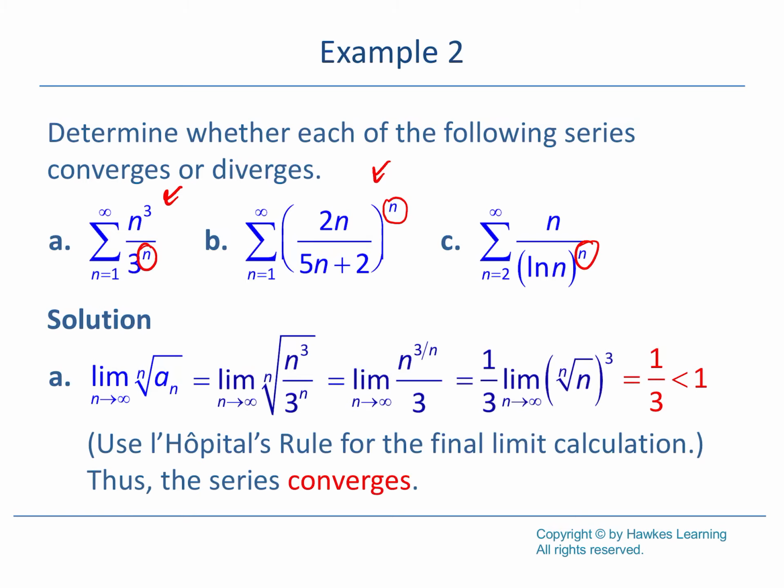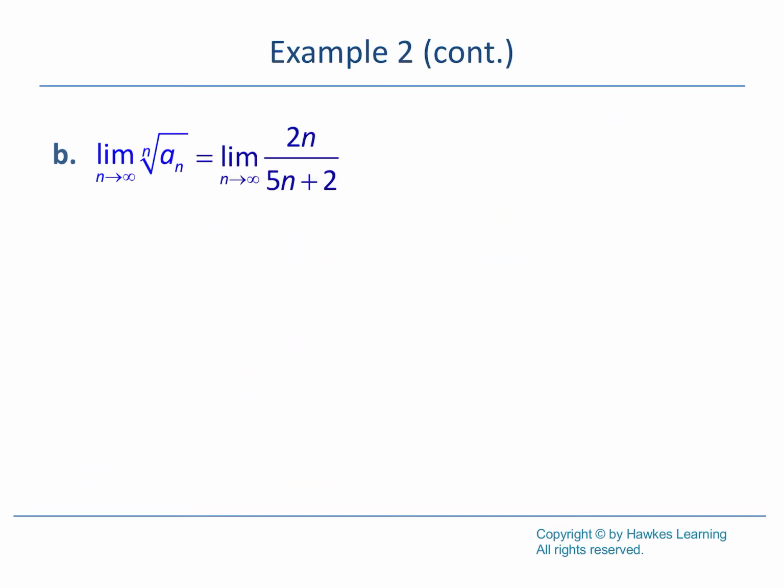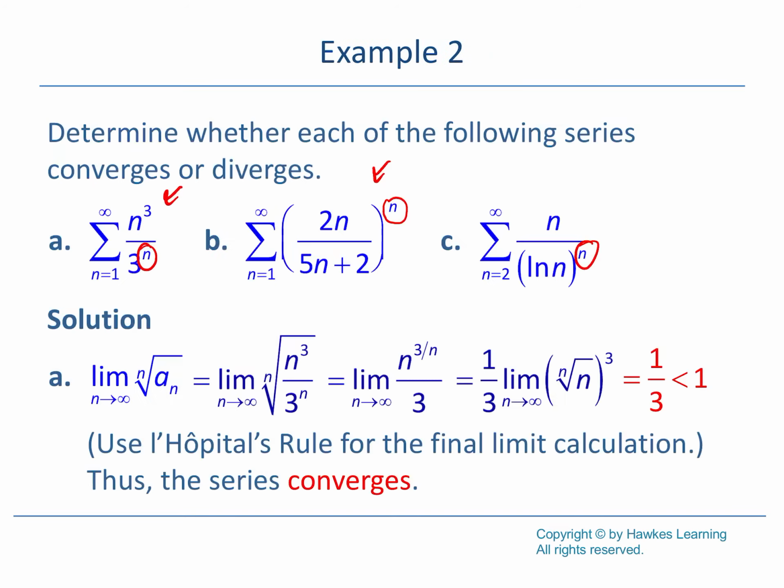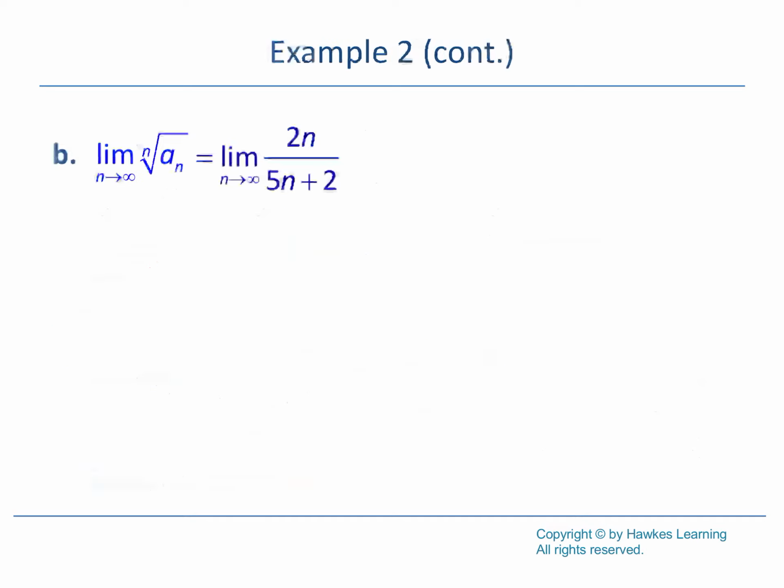And therefore, we've got convergence. Cool. For the next one, we've taken the nth root of this nth power, and a lot cancels out, and we see that this limit's just going to go to 2/5. So, converges. Great.